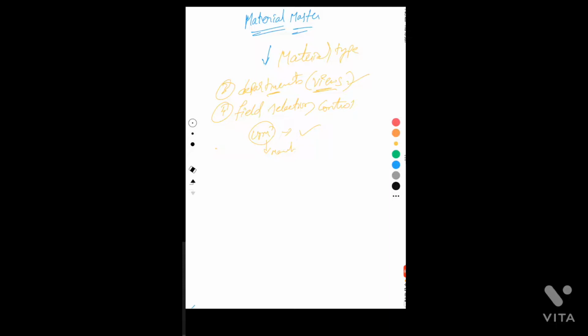Why? Because there are so many people working in the production department, the sales department, the procurement department. So I decided that when you create a material master, this unit of measure is compulsory. It is mandatory.